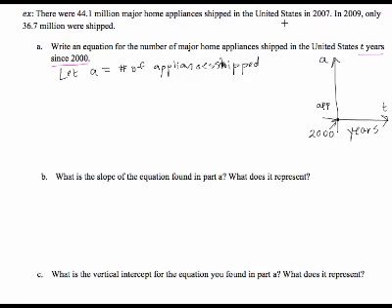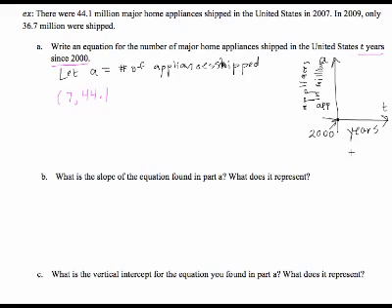Okay, but let's write these two pieces of data as points. I know that in 2007, that's when t is 7, there were 44.1. Rather than actually have a bunch of zeros, let's say this is appliances in millions.